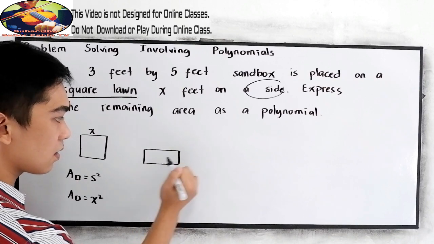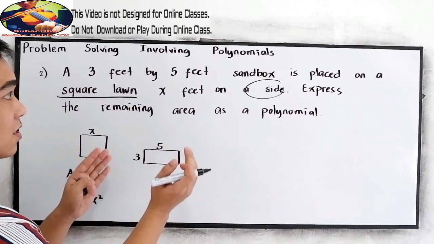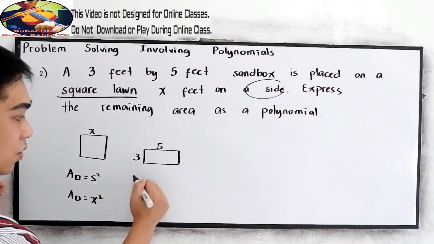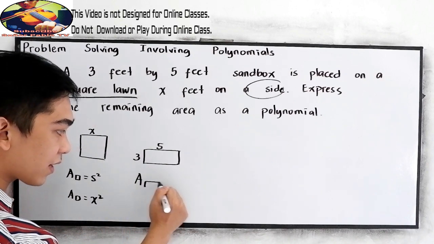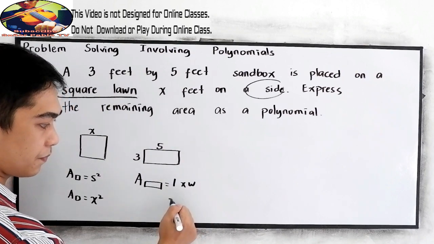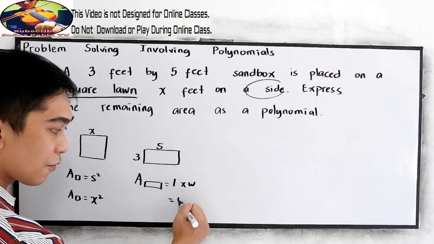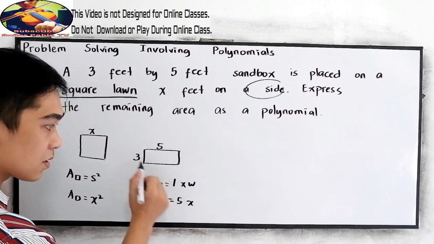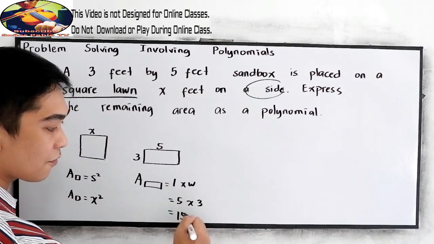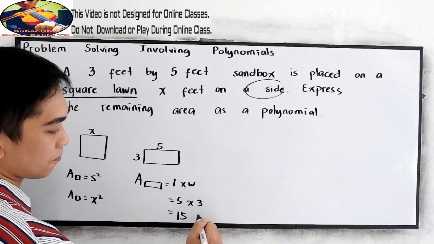So let's say this is 3 by 5, a rectangle. This sandbox is placed in the square lawn. The area of a rectangle is length times the width. So our length here is 5 times the width 3. 5 times 3, so we have 15 square feet.